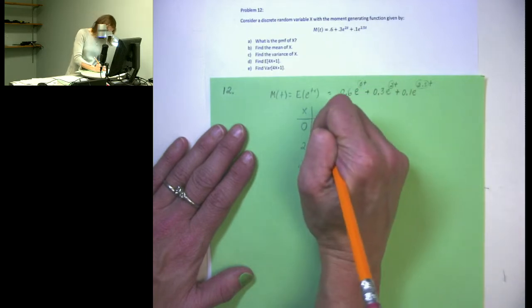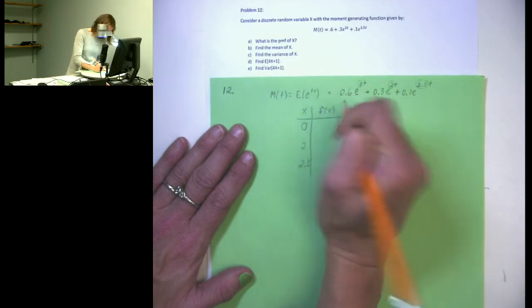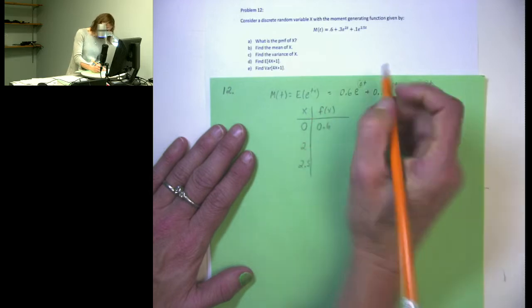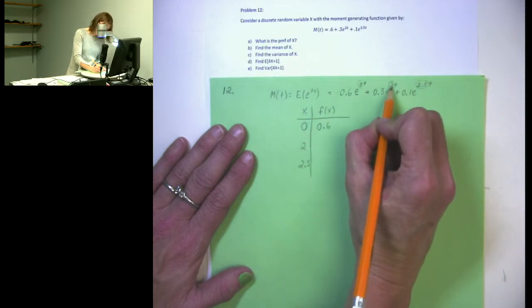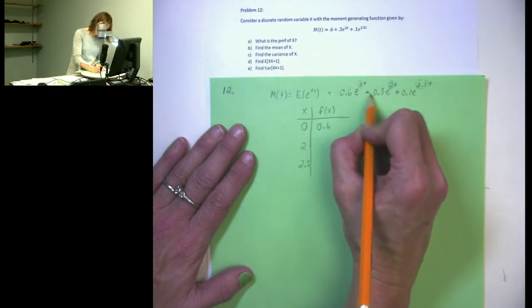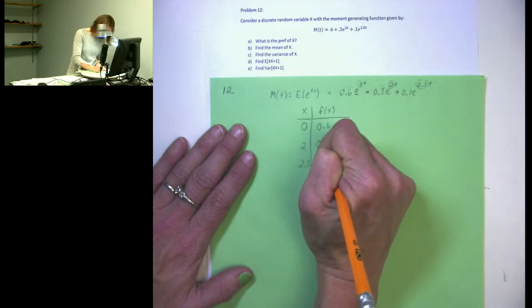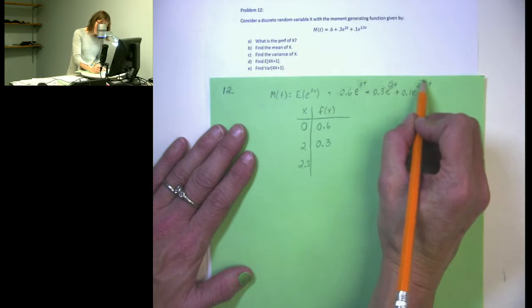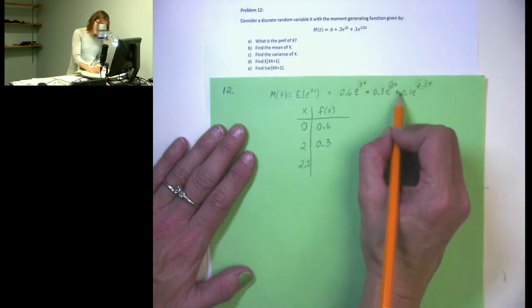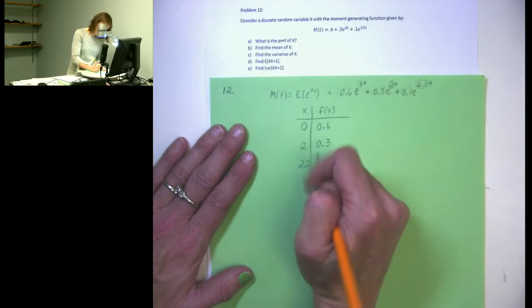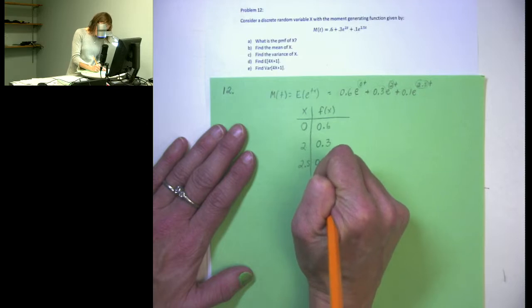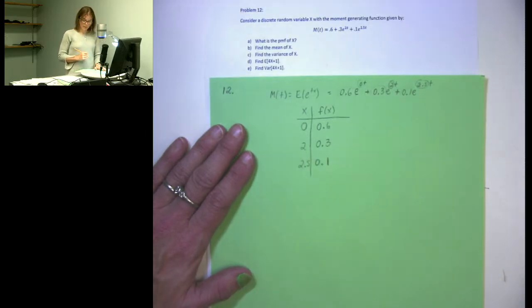So this is going to be our f of x. It's going to be 0.6. The 2 up here in the exponent gives us 0.3 as our f of 2. And with the 2.5 in the exponent, we have the probability 0.1. So there is our probability mass function.